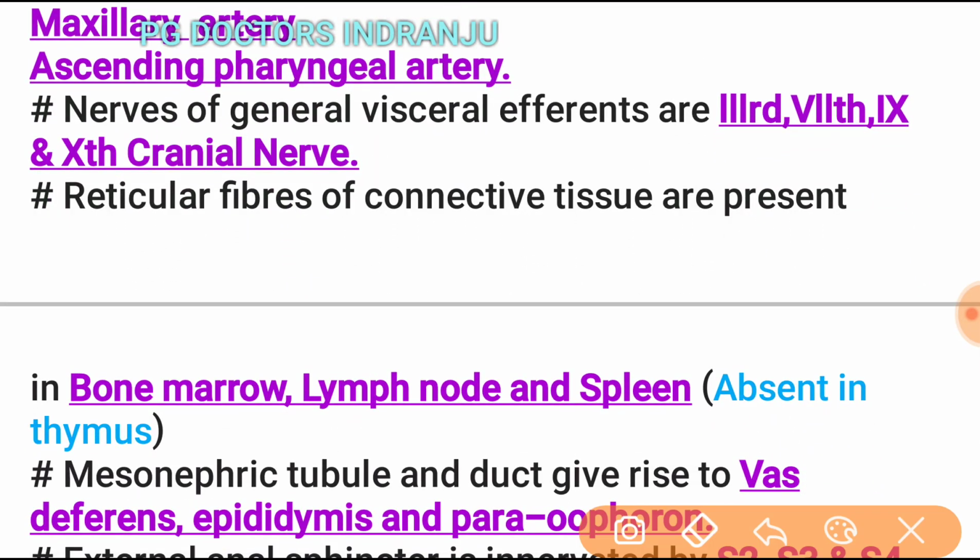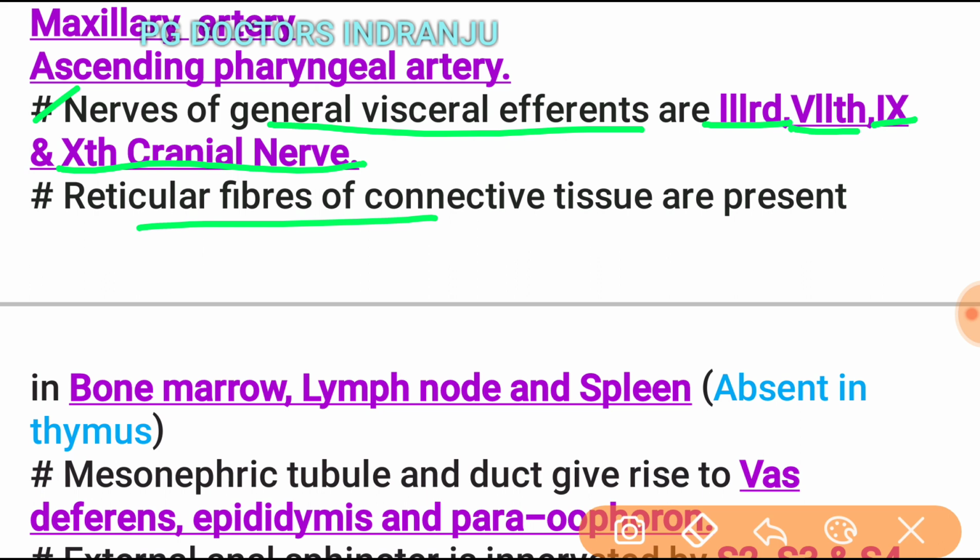Next, a very hot topic, the cranial nerves. The general visceral efferents are the 3rd, 7th, 9th and 10th cranial nerves.